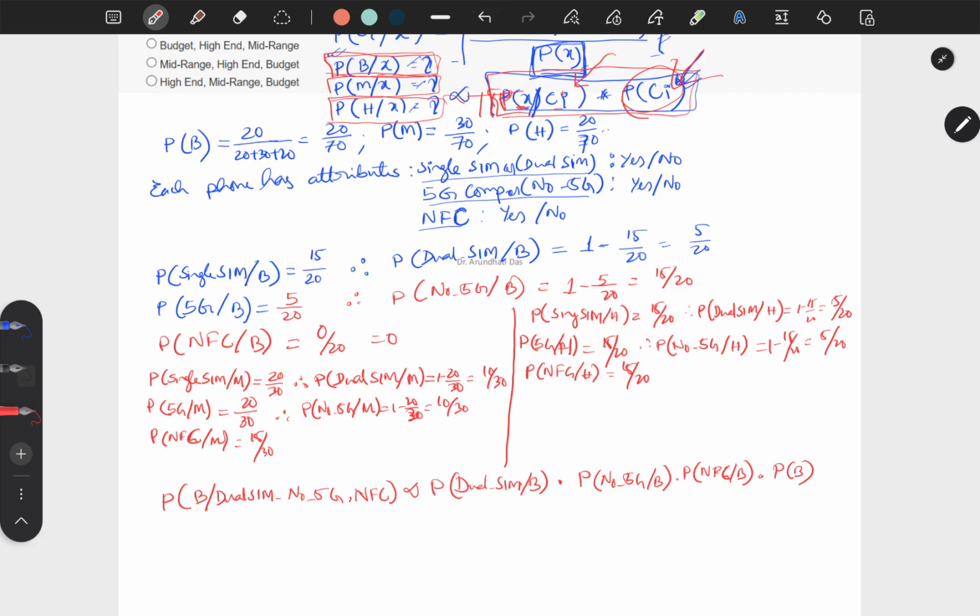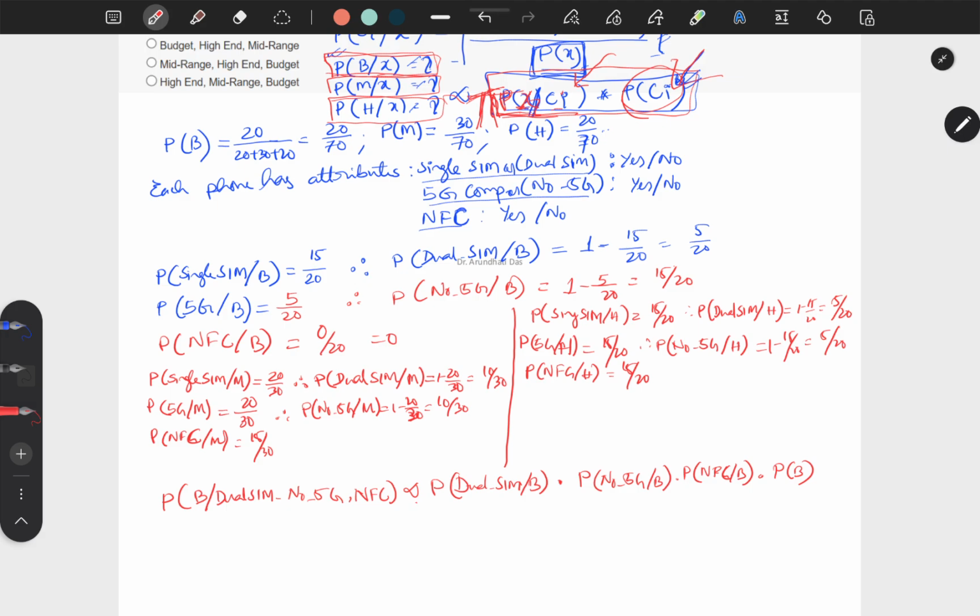Okay. So here in this particular formula, if we are having multiple values in this x vector, the x feature having multiple values, then we are only going to take the product of those probability values.